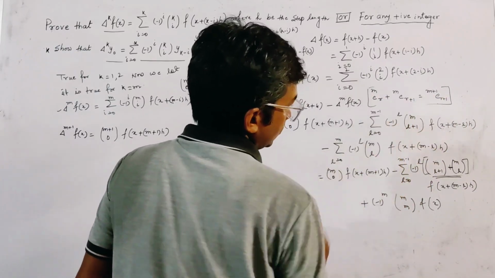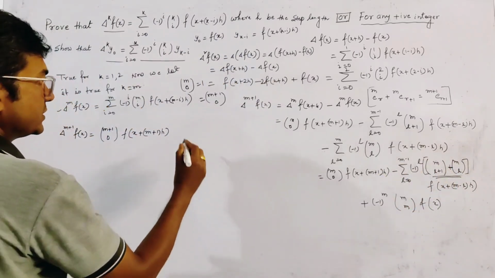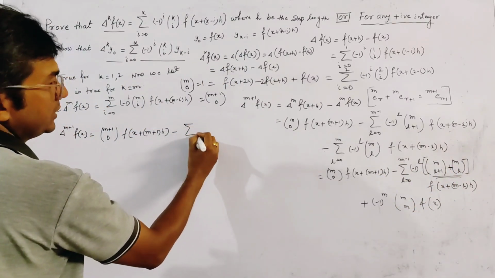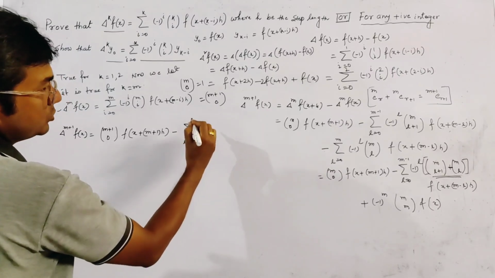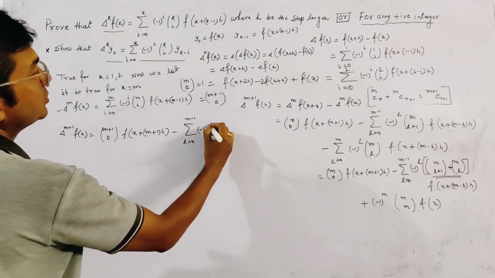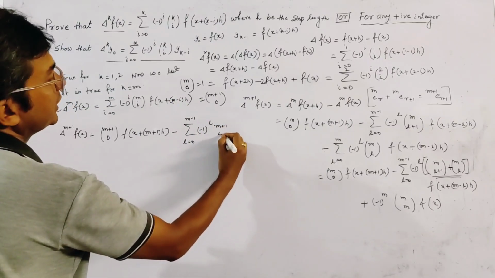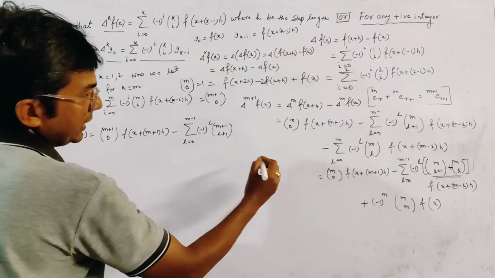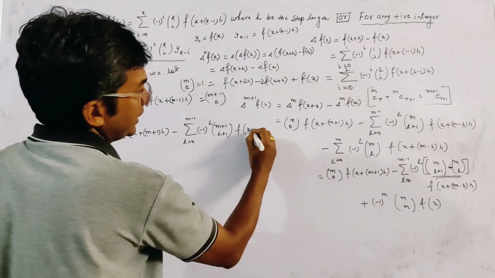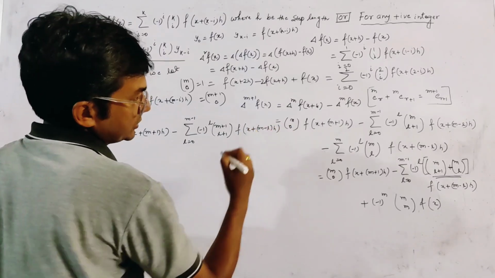Okay, and we write this formula here, and this is given by minus summation L equal to 0 to m minus 1, minus 1 to the power L, m plus 1 c L plus 1, into the function f of x plus m minus L into h.